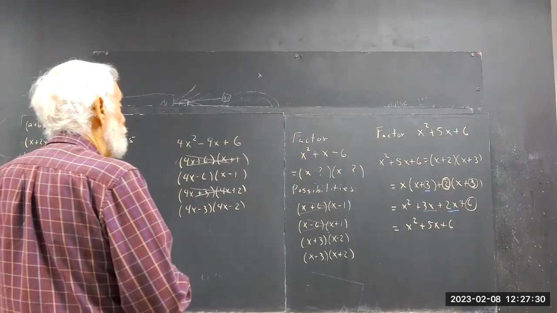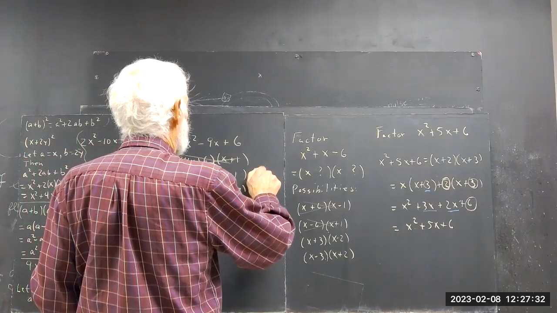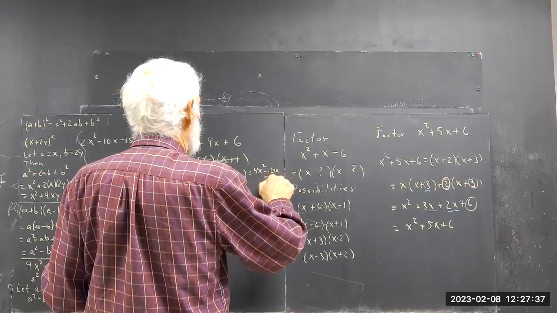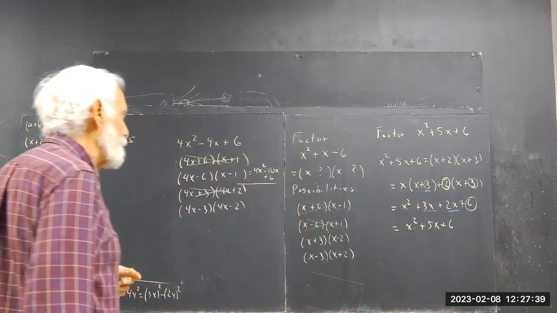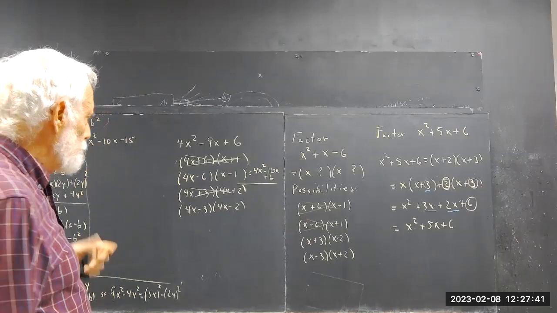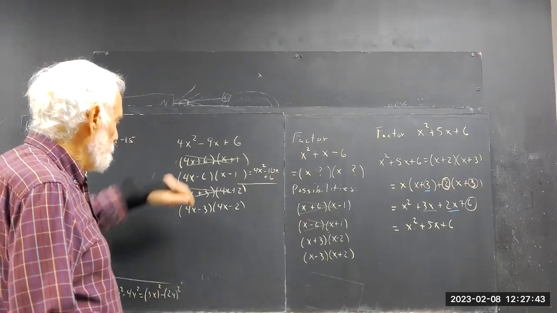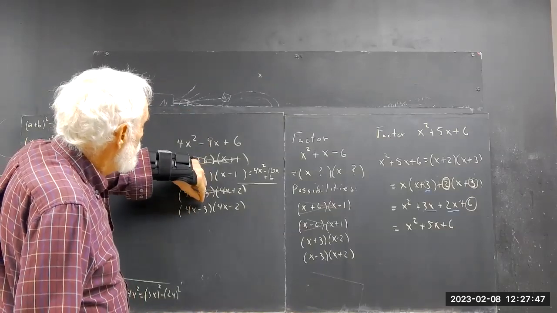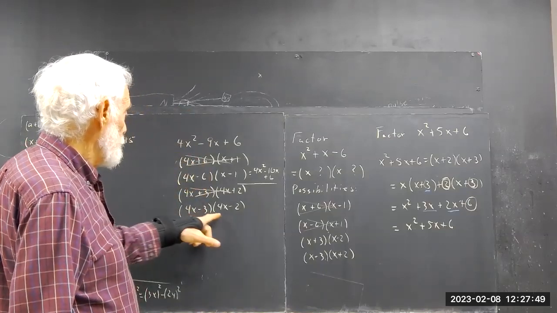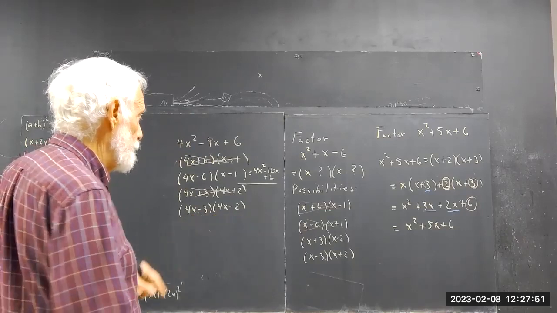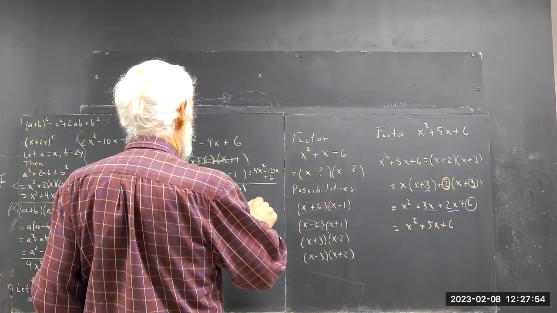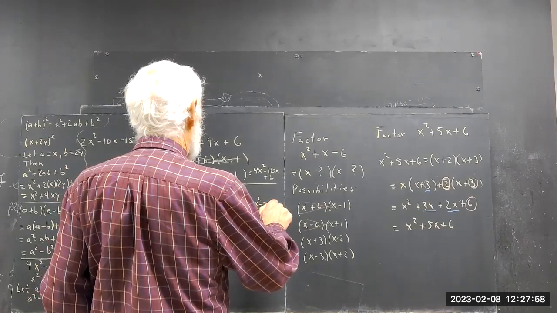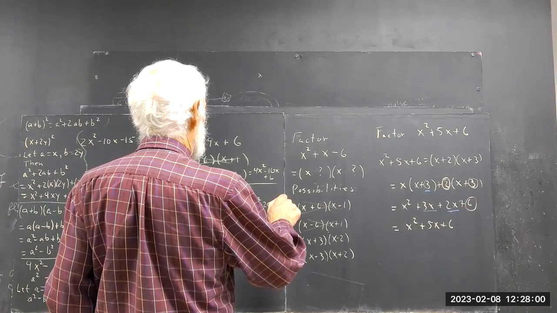That's going to give us 4x squared -10x + 6. So we might even feel like we're getting close, but unfortunately we are not. This is not going to work. Here, if we use a distributive law, we're going to get a -12x and a -8x. And if I did that right, we get 4x squared -20x + 6.